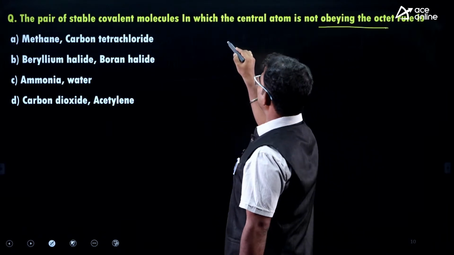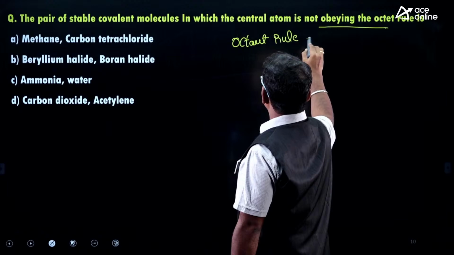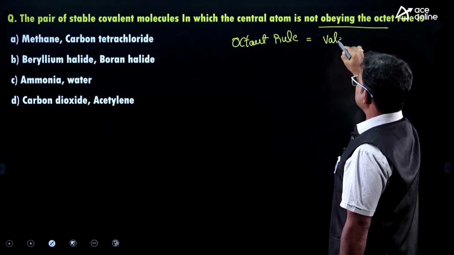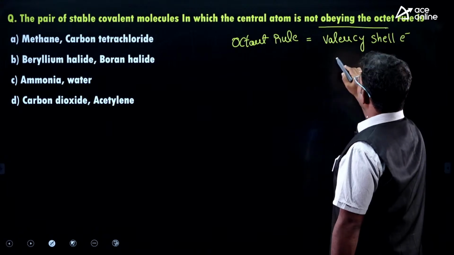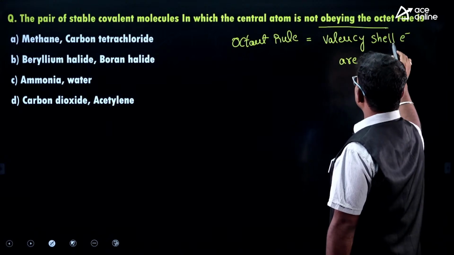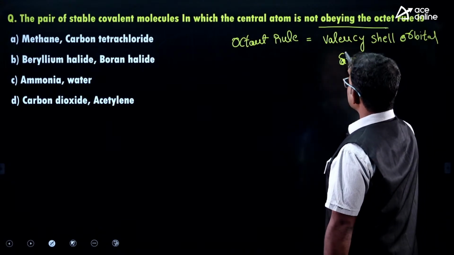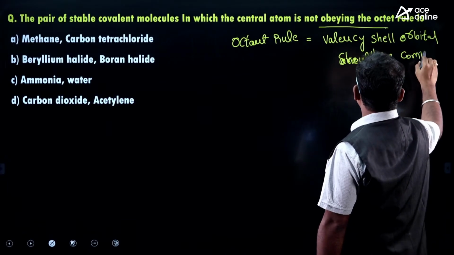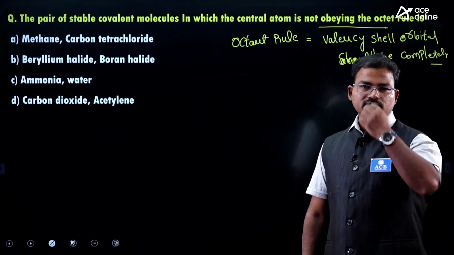First of all guys, octet rule means its valency shell electrons, valency shell orbitals, should be completely filled. Then only those types of atoms can exhibit the octet rule.